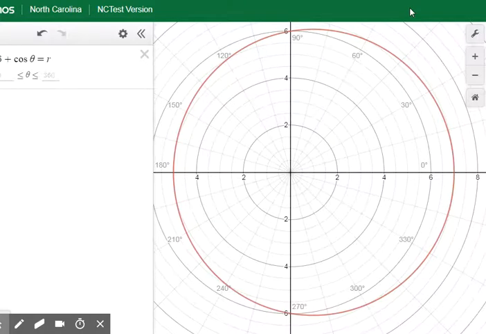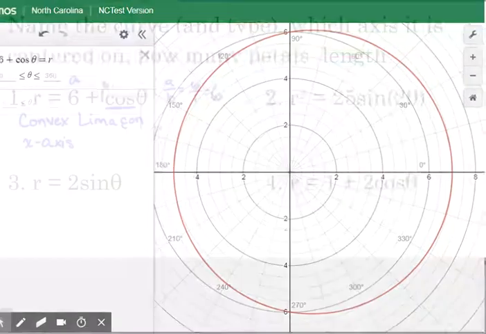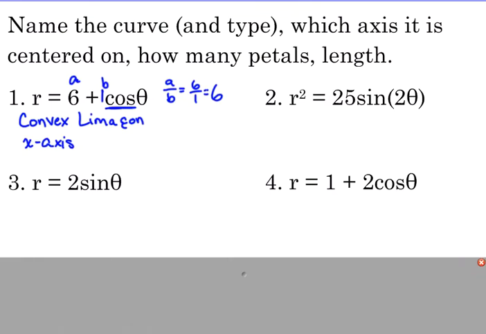If you compare it to the closest lines on the graph, there's a little bit of a difference between this side and that side. So you really do need to know when it is a convex limacon versus being a circle, because looking at the graph, it's going to look very, very similar.